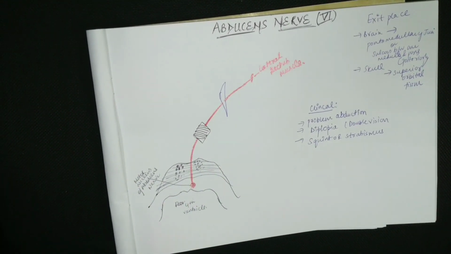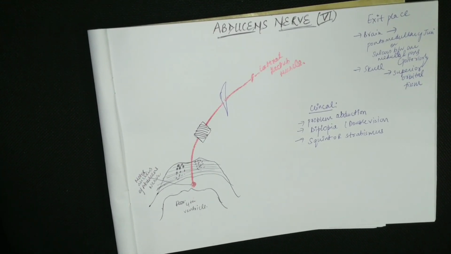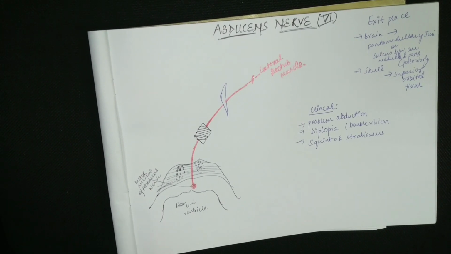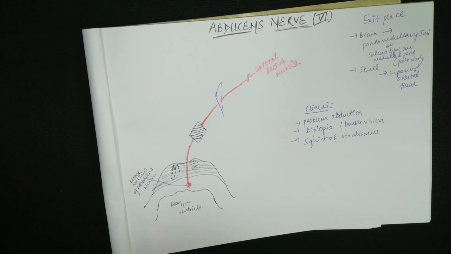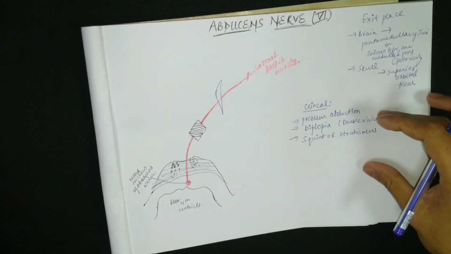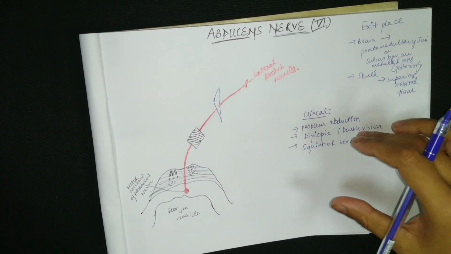So it is not stable or aligned in one plane. If another person is looking at his eyes, the eyeballs will not be aligned in one position. This has clinical significance, and we call it strabismus. So these are the three important clinical points of your abducens nerve. Thank you.